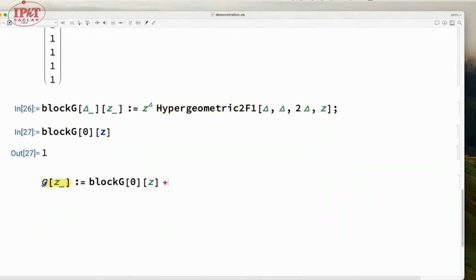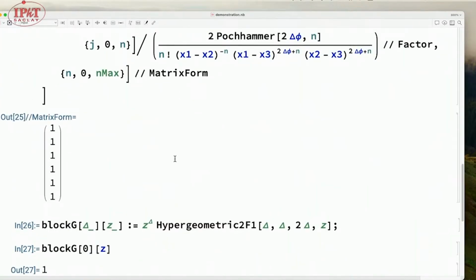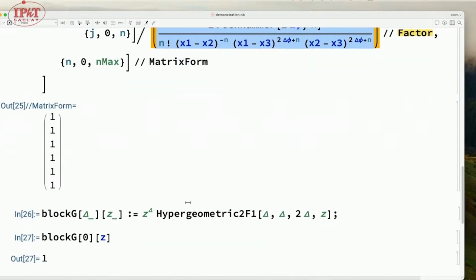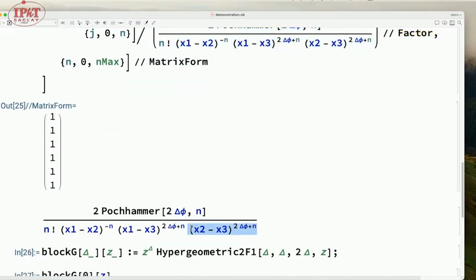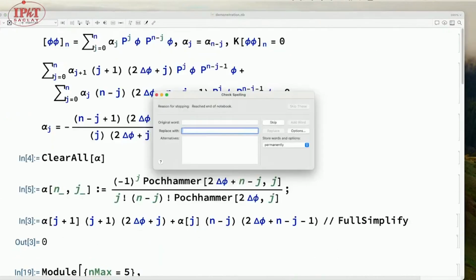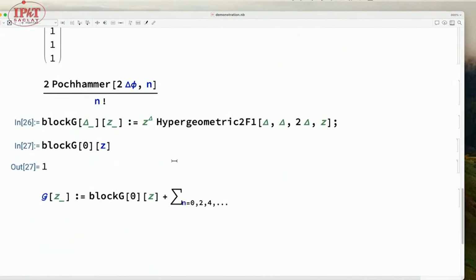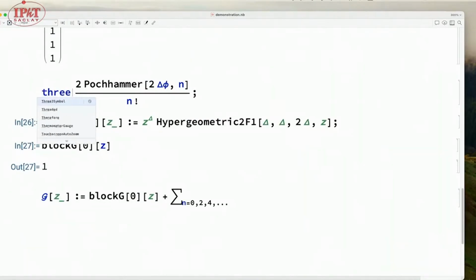And then plus, we should have a sum from n equals 4, and so on, of this 3-point function, defined to be the 3-point function that we computed before.